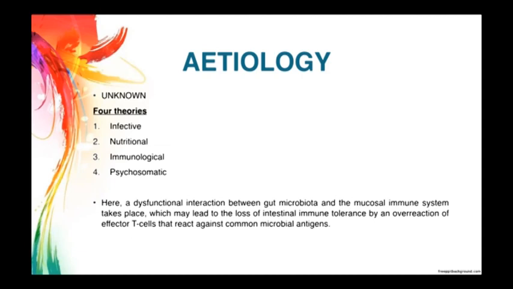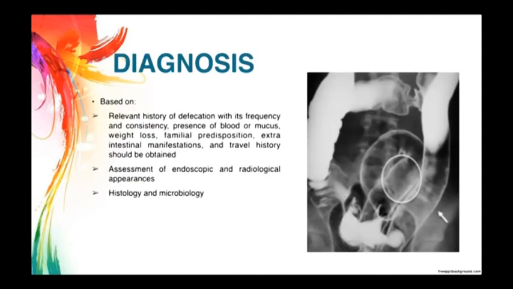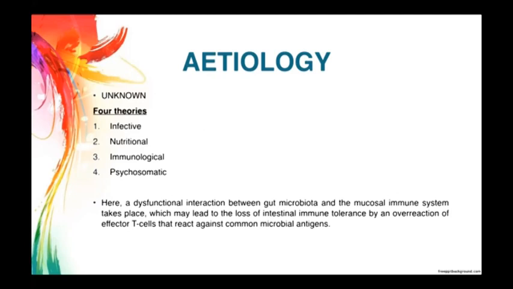Main symptoms are bloody diarrhea, rectal urgency, tenesmus, and rectal discharge of mucus; sometimes blood and pus is common. Other symptoms include abdominal pain, fever, weight loss, joint pain, skin rash, and fatigue. Next slide. Diagnosis.